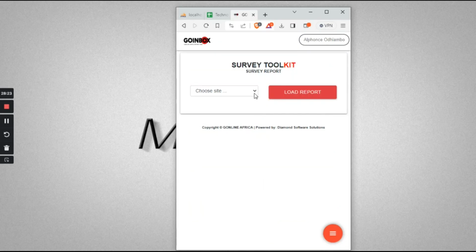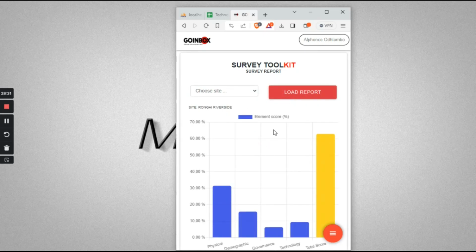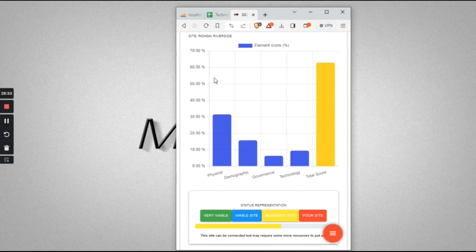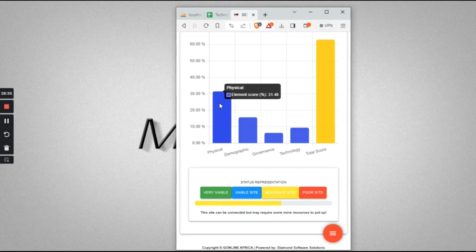So once you've done your surveys and you've collected a number of information, you can always come here and check what are the merits. How do they score? For example, we have physical scoring at 31.848%, demographic scoring at 15. So these are based on some metrics, some variables that have already been discussed and tested.